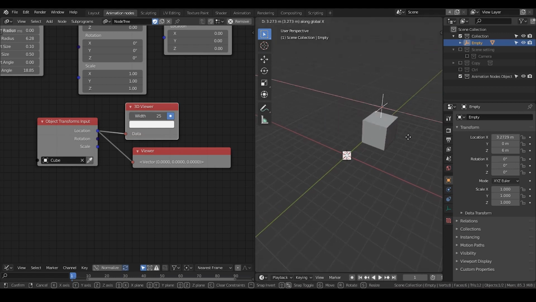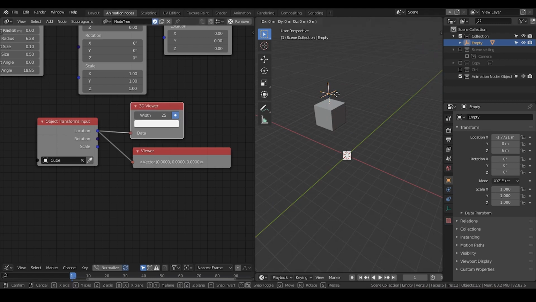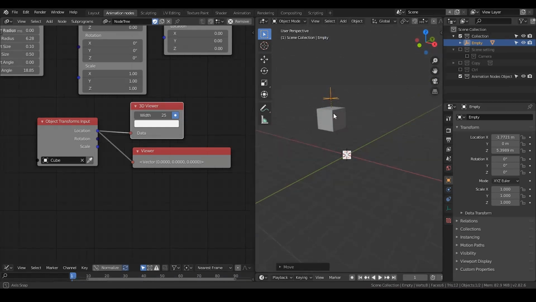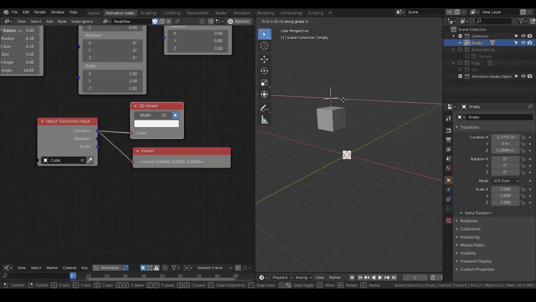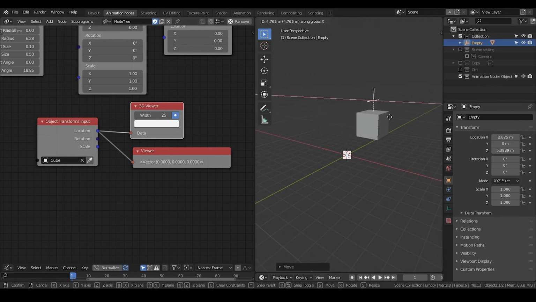So by using parenting, you can see its transform input is completely dead. Sometimes maybe this is what you want, but other times, if you would like to use the location of this cube to trigger the fall, then using the vector or the transform will not work.